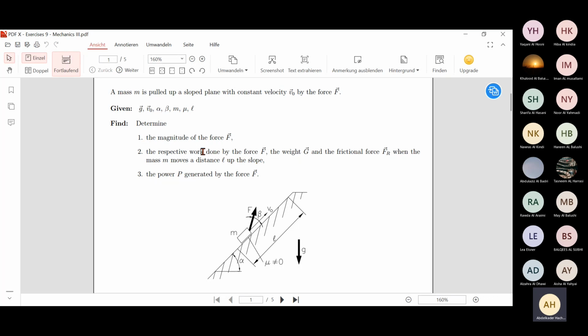That means we have to find the work due to F, due to G, and due to the frictional force. Then the power P generated by the force F.